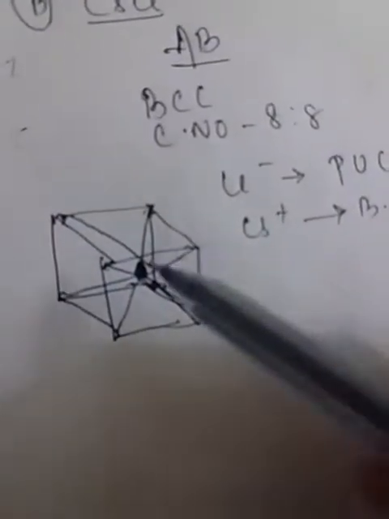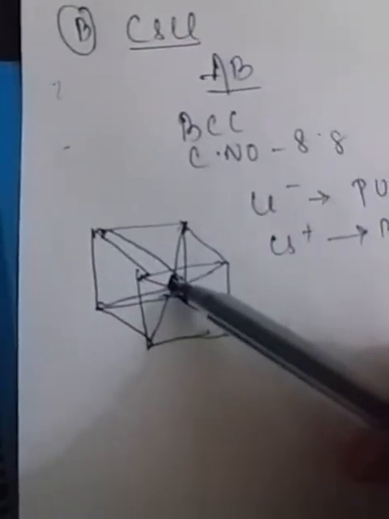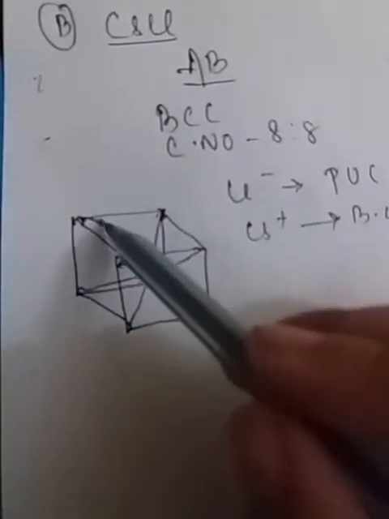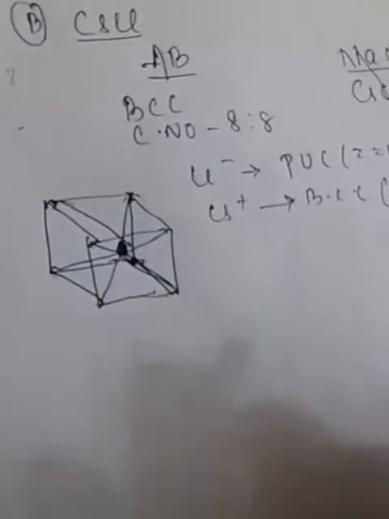From this corner, this corner, this corner, and from this corner also. So from every corner it is attaching here. So that is the CsCl type. The middle one is the Cs plus and these all are the Cl minus. Okay. Now let's move to the ZnS type.